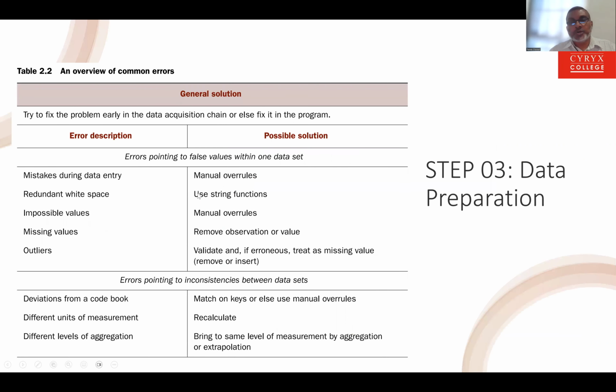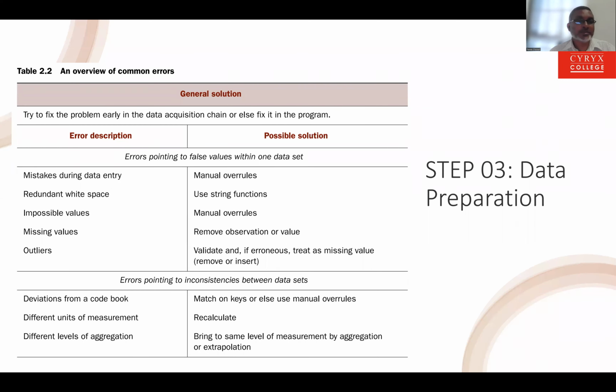So when we talk about the data cleaning component in data preparation, when there are mistakes during data entry, if you identify those, then you can use manual overrides or manual rules. You can use some code to identify data errors, and based on that, you can have systems to update those. But generally, we update manually.